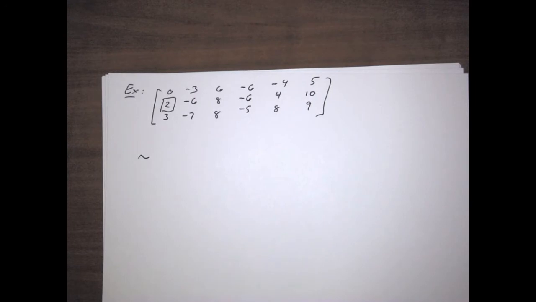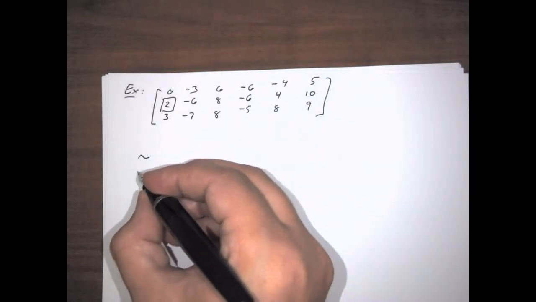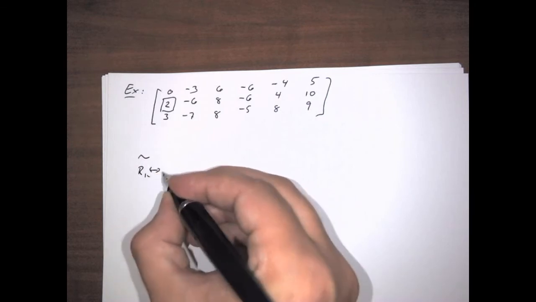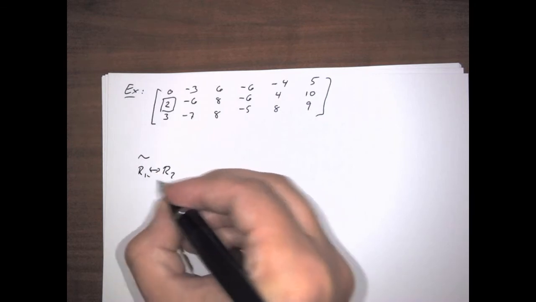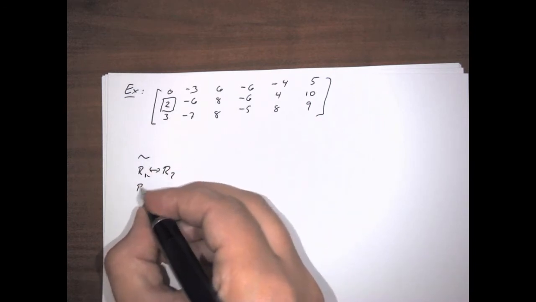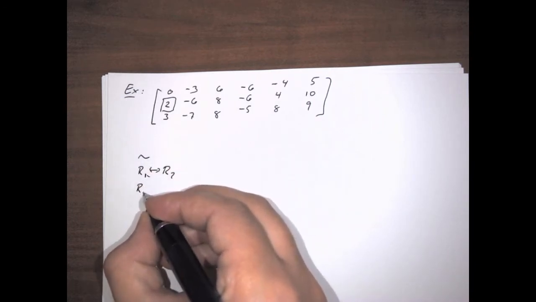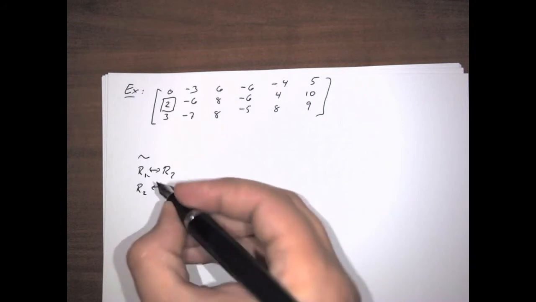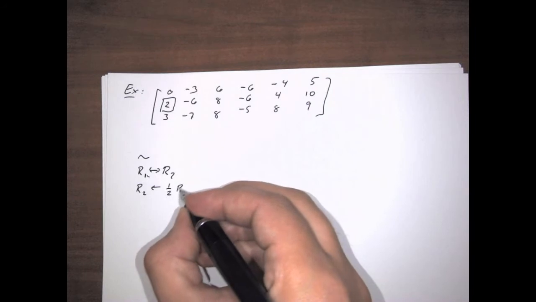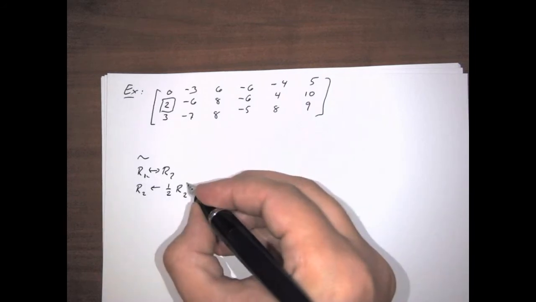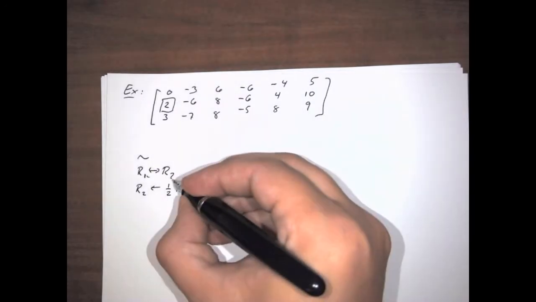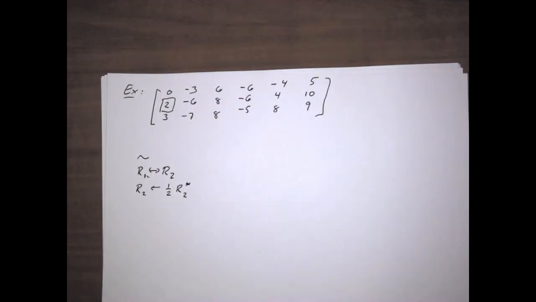The two steps are: switch row 1 and row 2, and then, while I'm at it, make row 2 into 1/2 of its former self. Now, I like to put a little asterisk by the ones that mean the new row 2.